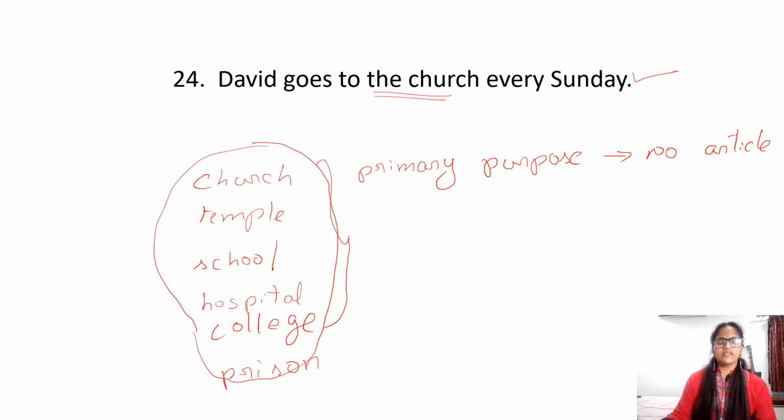The church was very old and beautiful. So we can use the to talk about a specific church, a specific temple. But when you are using these places for their primary purpose, we should not use article. So here usage of the before church is wrong. So the correct answer is David goes to church every Sunday.